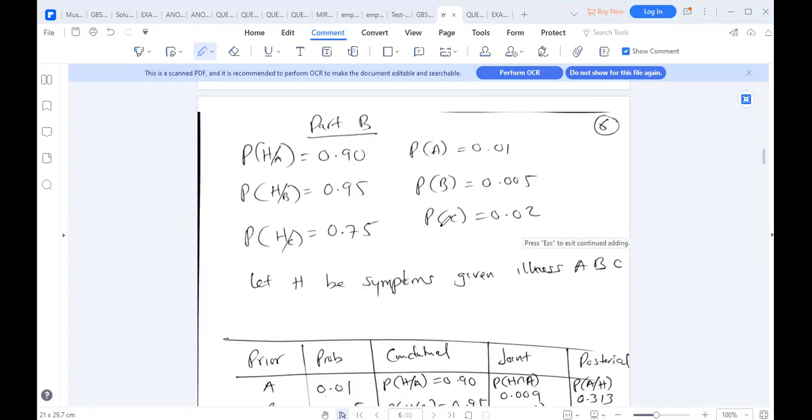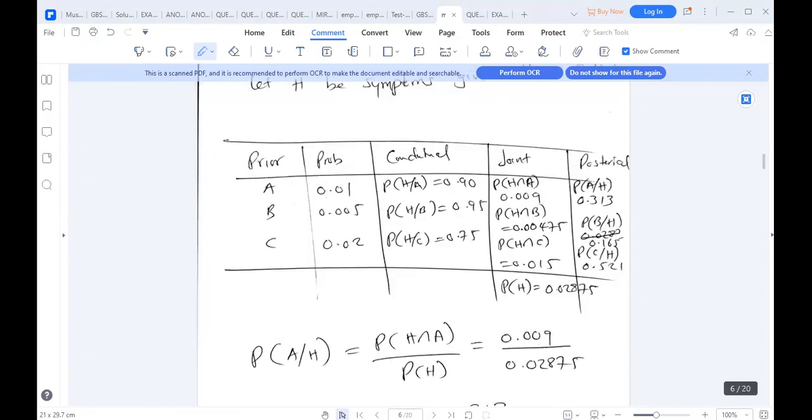So when you multiply this, we're getting this computation. You remember how I got that one. So when you compute that, we get the joint probability, and also we get the posterior probabilities as follows.